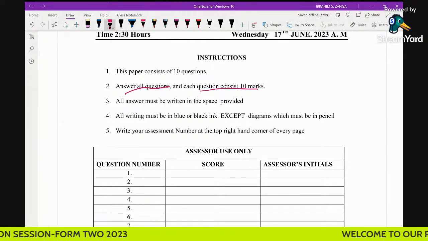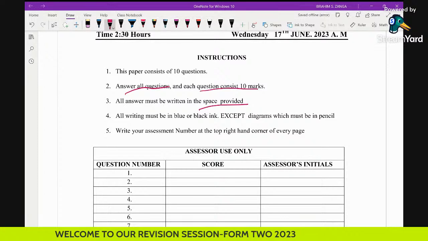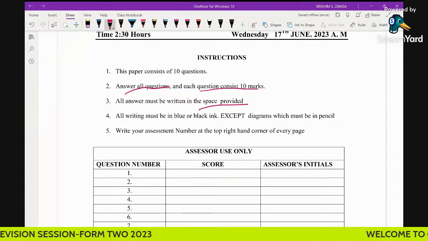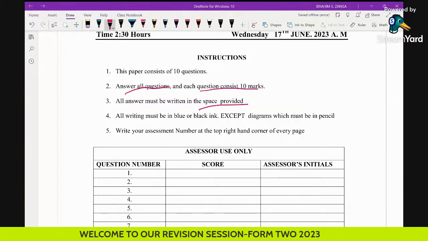Answers must be written in the space provided, and you are supposed to show your working there. Writing must be in blue or black, but we can even use a red pen, no problem, because we are just solving to show you the way it is.